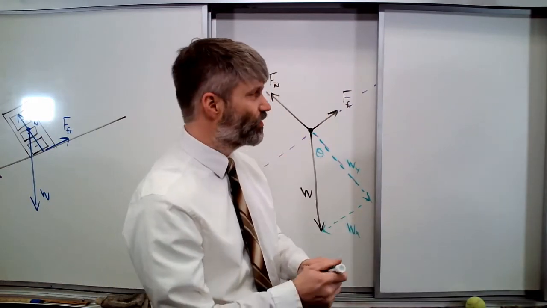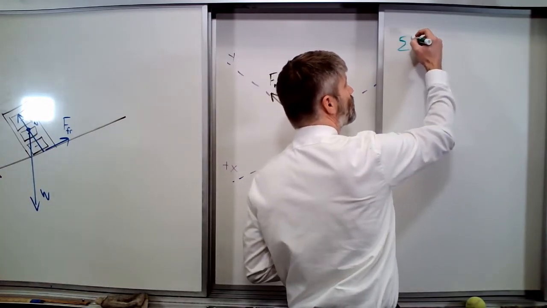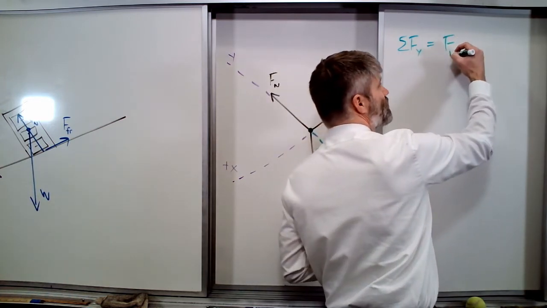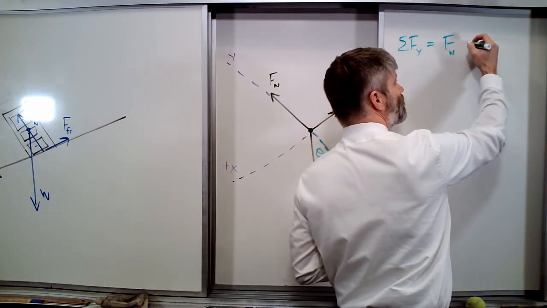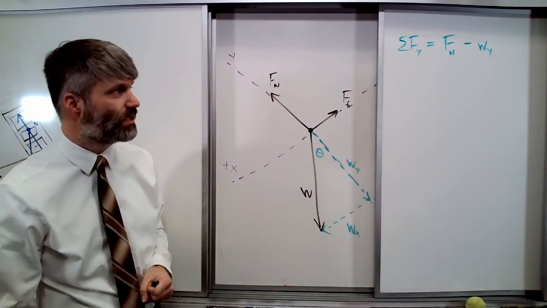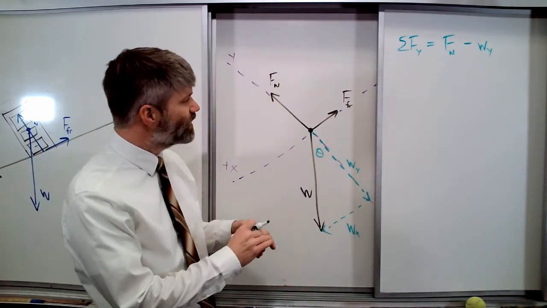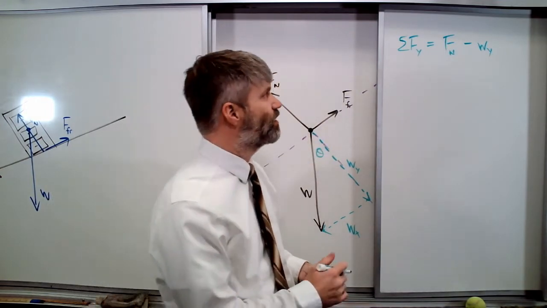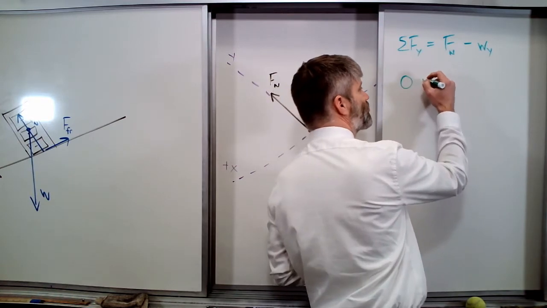So in the y direction, the sum of the forces has the normal force in the positive y direction and the y component of the weight in the negative y direction. Once again, the object is not accelerating in this direction at all, so the sum of the forces in that direction has to be 0.